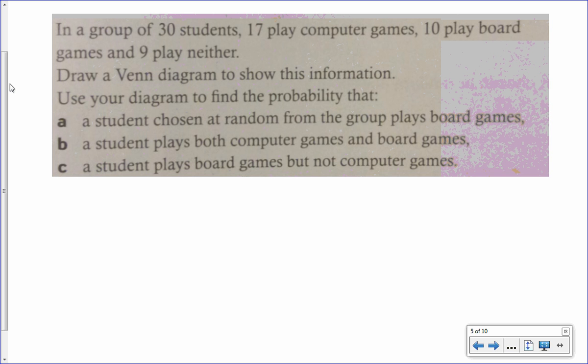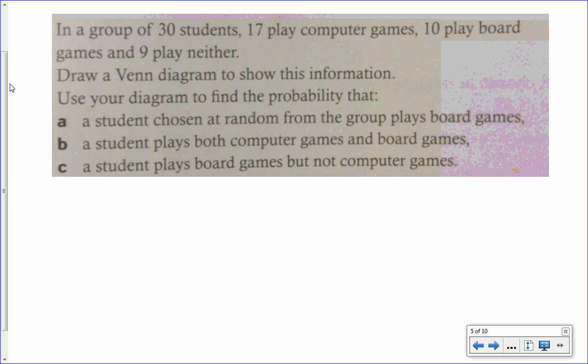And now I have enough information, because every distinct region is labeled, to set up an equation. That's 17 minus X, this region, plus the middle region X, plus the 10 minus X region. And those are the 3 distinct regions inside of the circles, plus the 9 that float outside, equals the 30 students in the entire class, or in the Venn diagram. And then I can solve this algebraically.